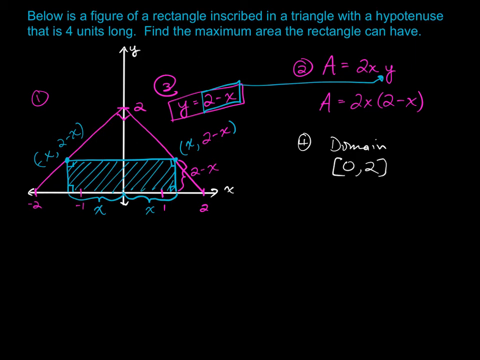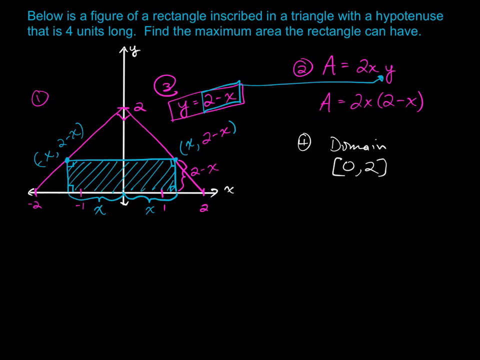That's it. The other point over here is just reflected over the y-axis from this point. So we only need to concentrate on this point over here, and you can only range that x value from 0 over to 2.